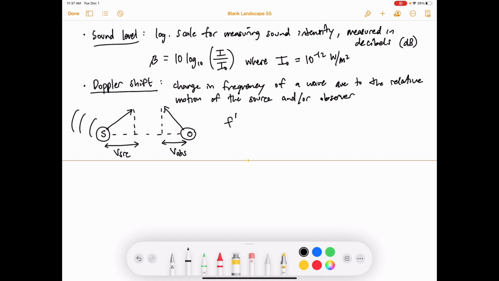So F prime, that would be the shifted frequency, equals F, the unshifted frequency, times (V sound plus or minus V observer), divided by (V sound minus or plus V source). And how do we interpret the signs here? Well, you use the top sign for motion towards, and you use the bottom sign for motion away. And that will cover basically every possible example of the Doppler shift when it comes to sound.